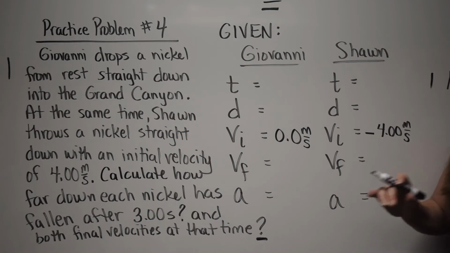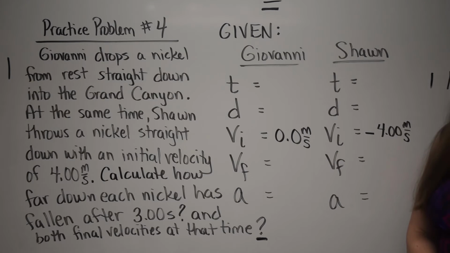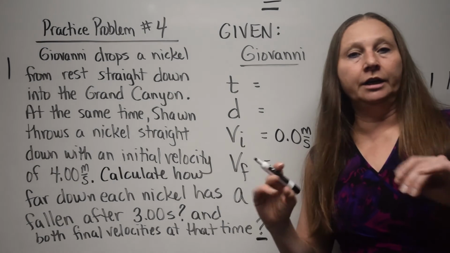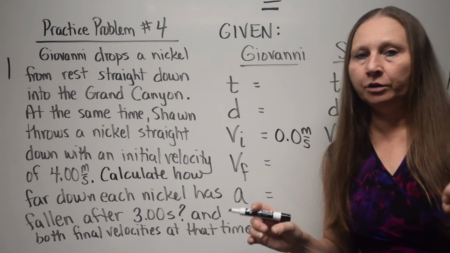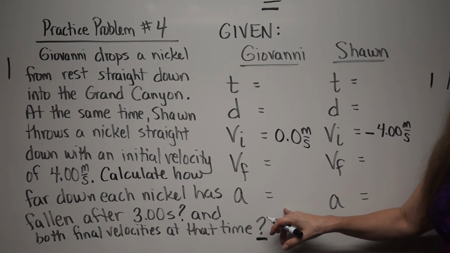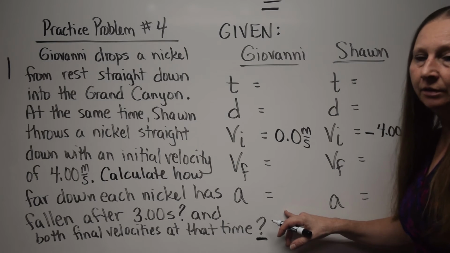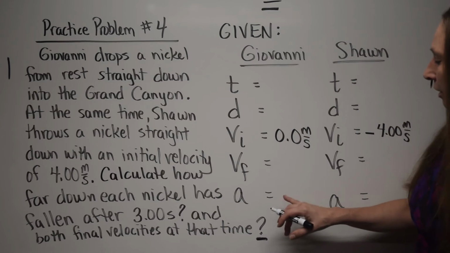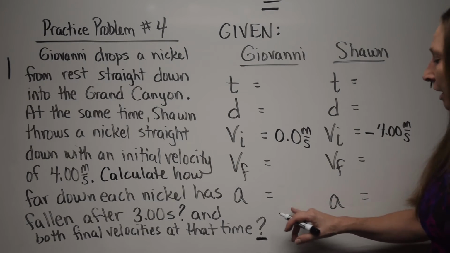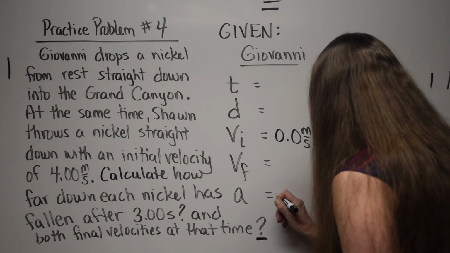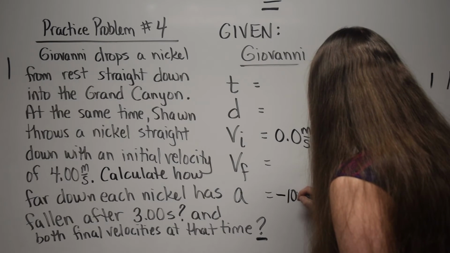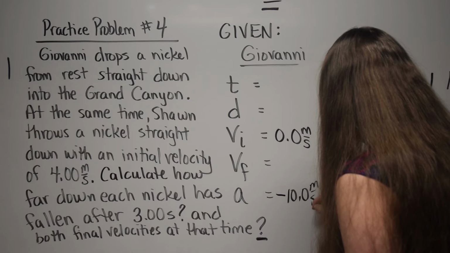Now, what you want to keep in mind is that anything that is falling on its own near the Earth's surface is going to accelerate. The Earth is pulling it down faster and faster. So the Earth is going to cause it to accelerate at a rate of negative 10 meters per second squared.